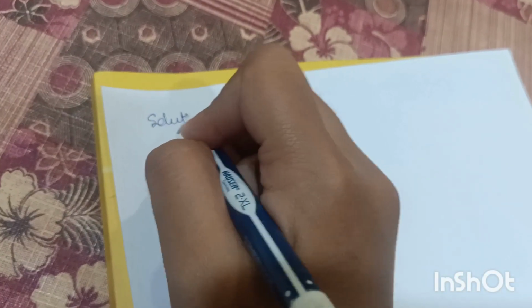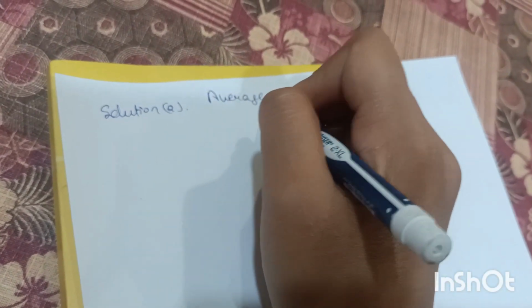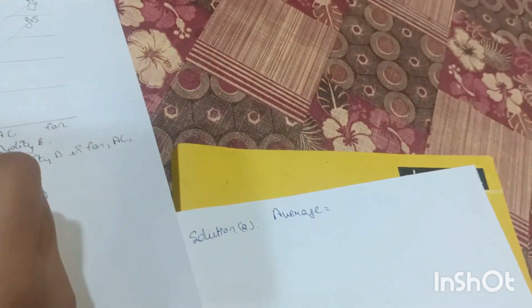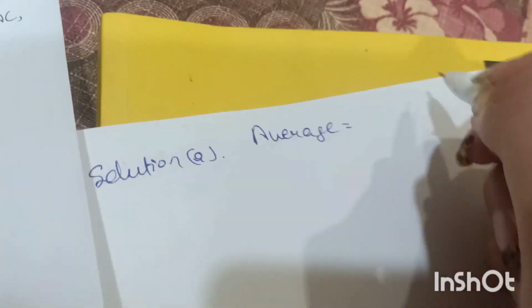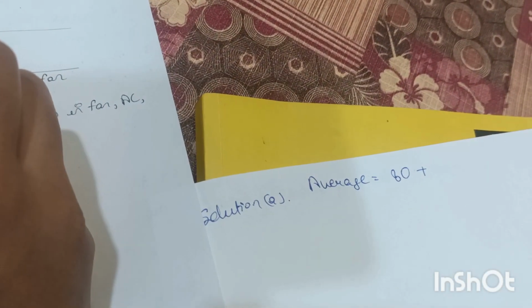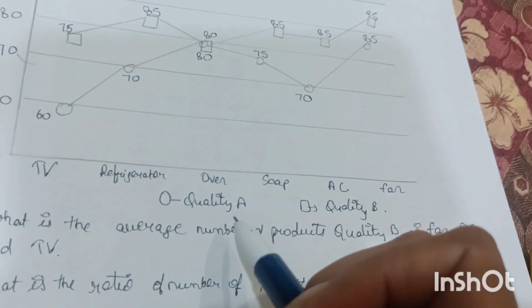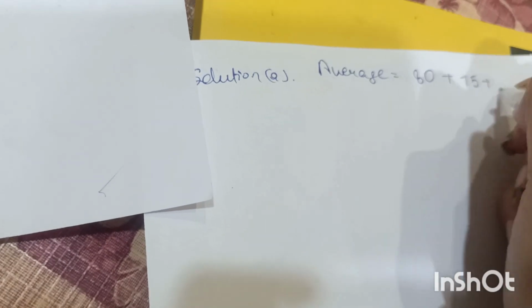So, now let's solve the question. For the first question, we have to find the average. So, the value for oven for quality A is given as 80, so we'll add 80 plus. Then for soap quality A is given as 75, so we'll add 75 plus.